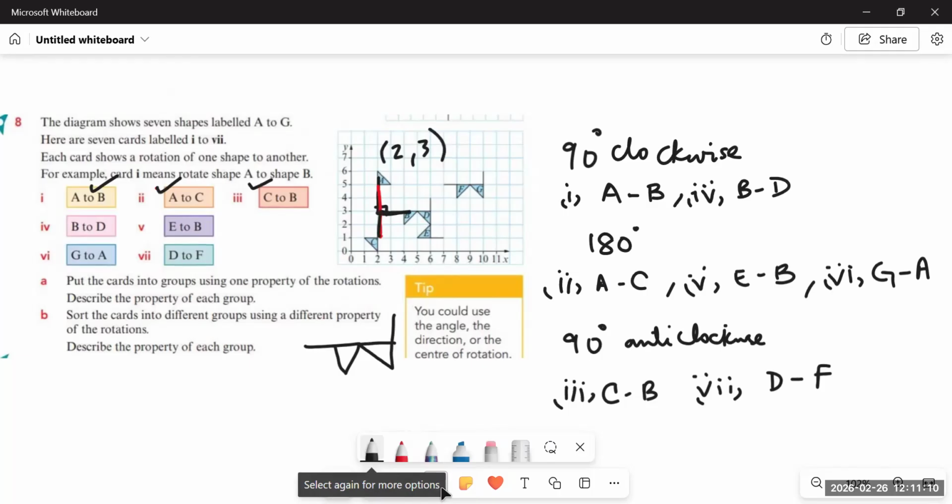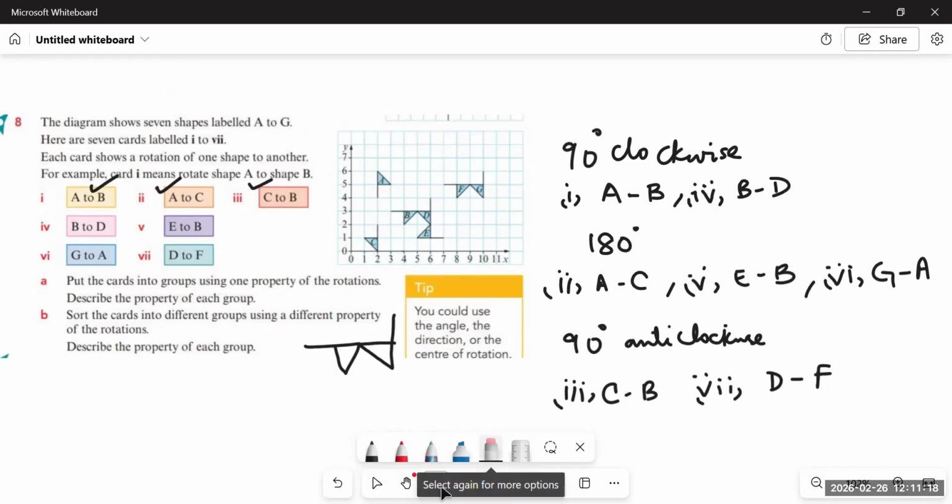We can make groups according to center of rotation as well. And the second group will have the center of rotation at 5,2. This is the center of rotation for B to D, as you can see over here. And what else?